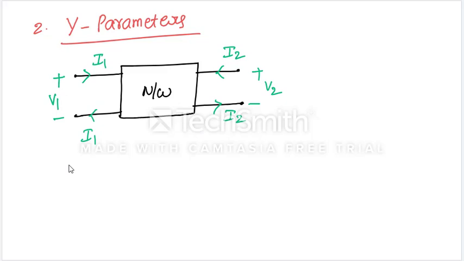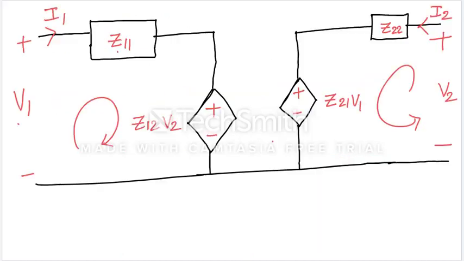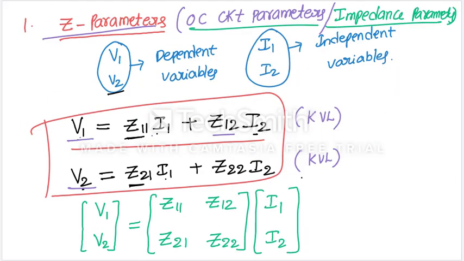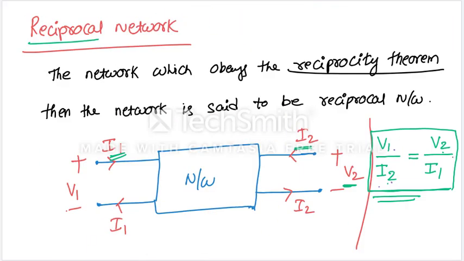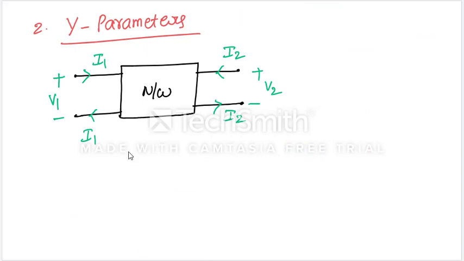Right. Now here, previously we selected V1 V2 as dependent. Now we'll take V1 V2 as independent and I1 I2 as dependent. Simply reverse, nothing else.